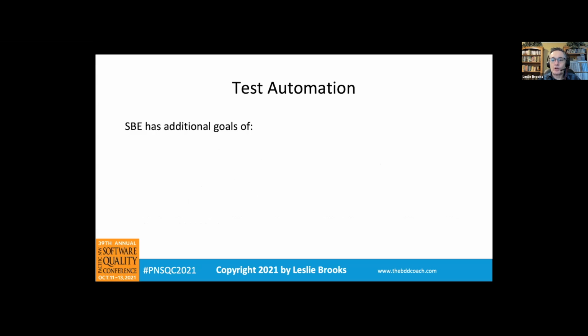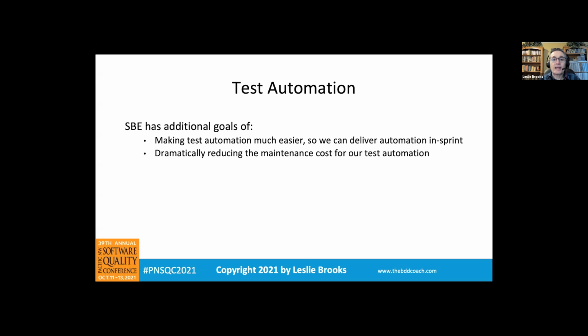Well, there are some additional goals: making test automation much easier so we can deliver in sprint, dramatically reducing the maintenance cost for our test automation, and reducing manual testing to primarily visual verifications. If you can deliver in sprint, then you don't need to do lots of manual testing.